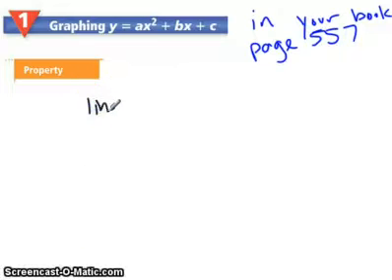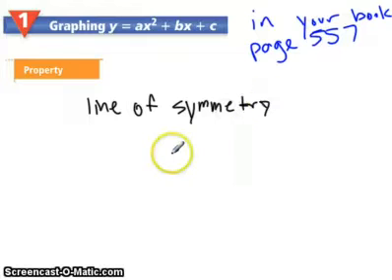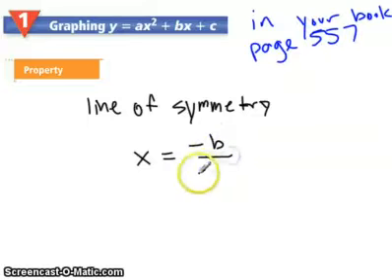But what you need to know is that the line of symmetry for any ax squared plus bx plus c quadratic, so a quadratic with a linear and a quadratic term, will always happen at an x value that equals the ratio of the opposite of b and 2 times a.